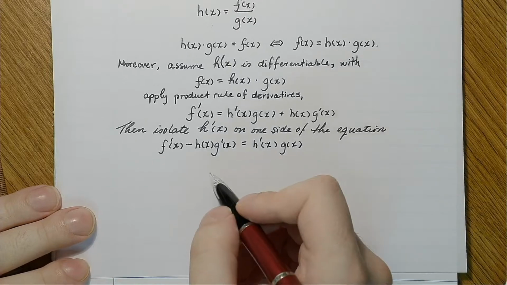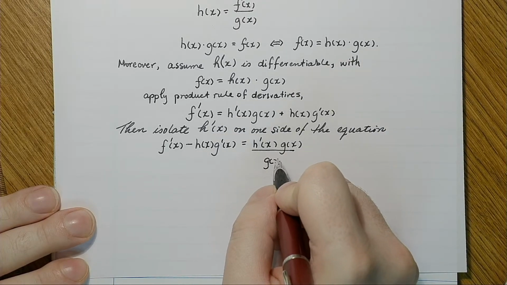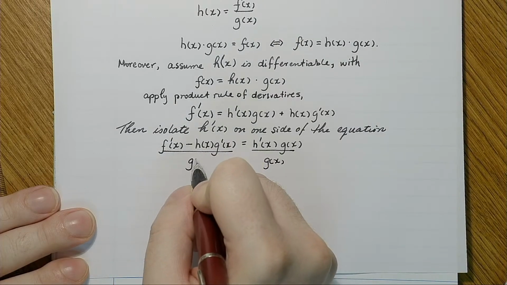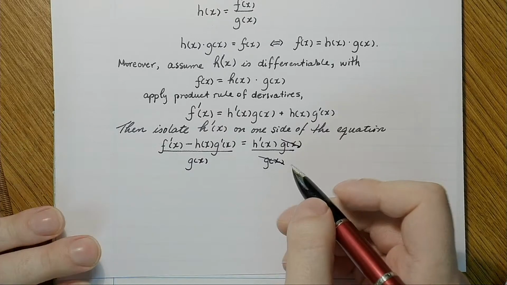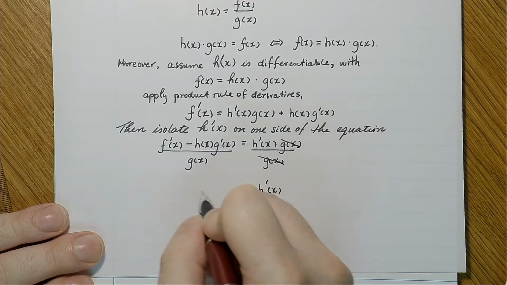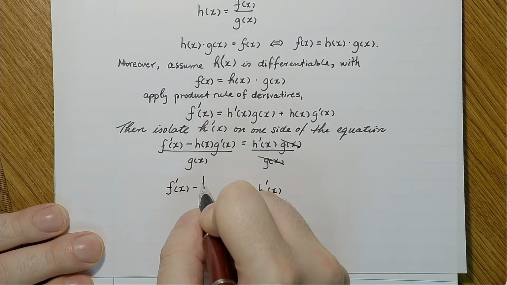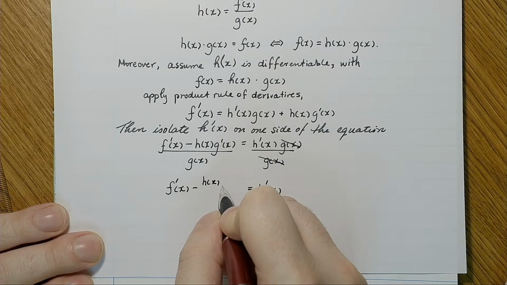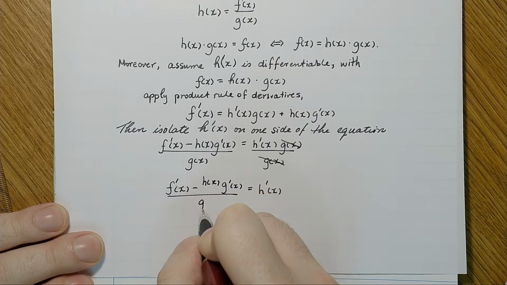Okay. And then what I'm going to do is divide by g of x so that that cancels. And so I'm left with h prime of x is equal to f prime of x minus h of x, g prime of x, all divided by g of x.